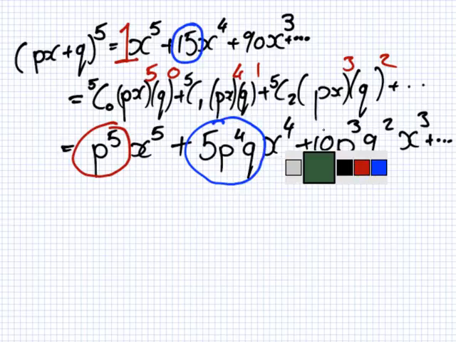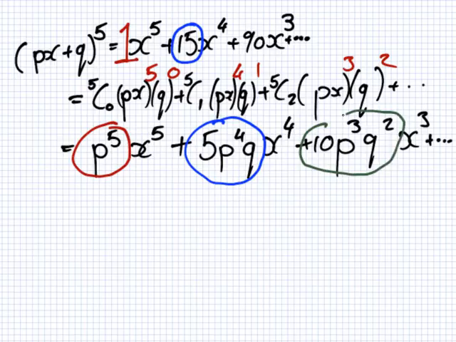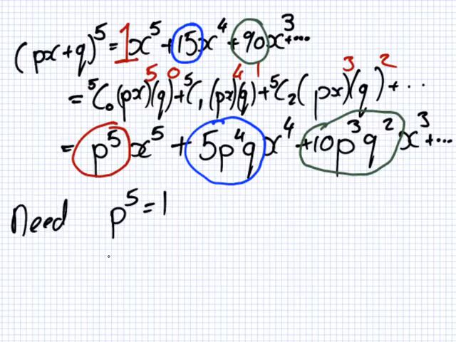2, 4, 8, 16, 32, 64, 128, 256, 512, 1024. 1024 plus, and this will be 10 times, is it 5,120 for the next one?